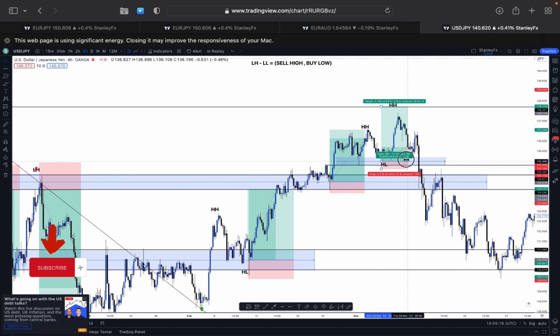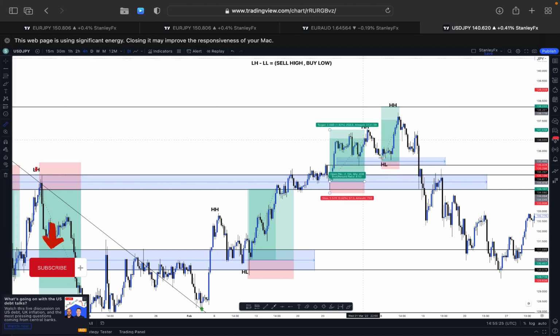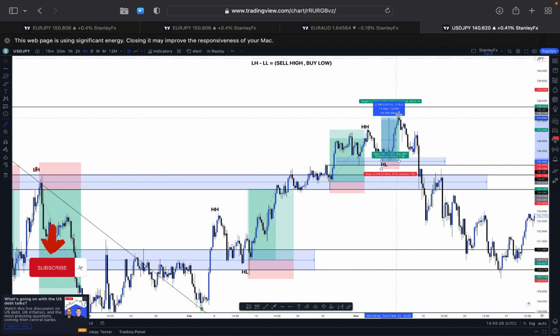So from there, you're able to see how the market actually gave us some nice buying momentum from that particular point after collecting liquidity, enabling us to have a 200 as well. So 200 on this one and 200 on this one, making us have what? 400 plus pips.